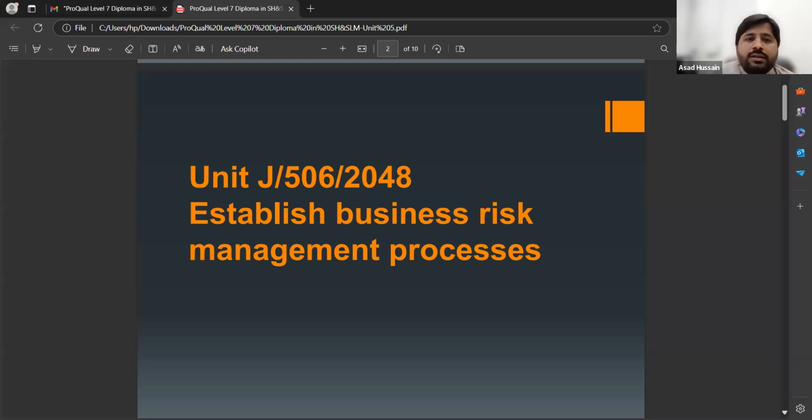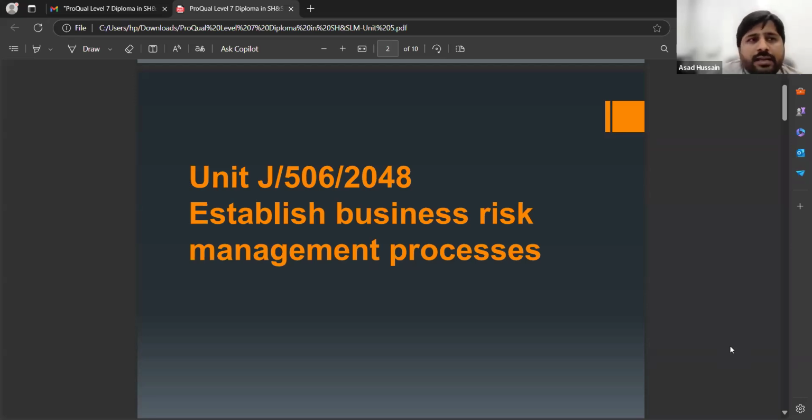He should know the business risk management processes and approaches. For successful completion of this unit, a learner has to pass 3 learning outcomes and their 16 assessment criteria.